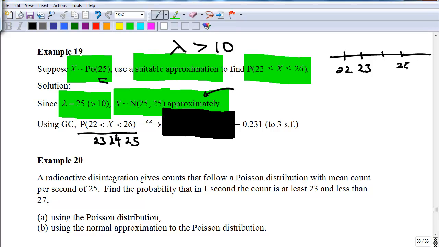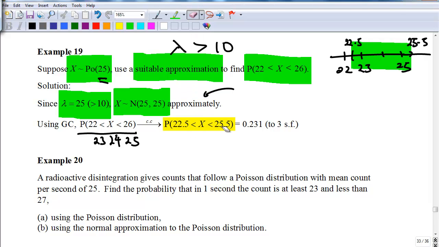So I want everything from 22.5 until 25.5, everything between these two numbers. So straight away I can now use my GC to press out this normal probability and get the answer to be 0.231. Done.